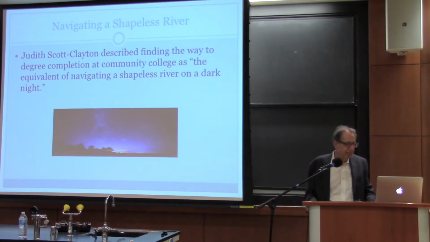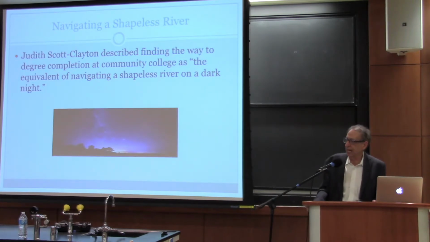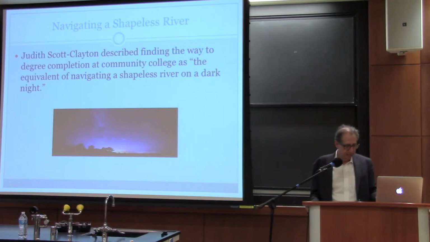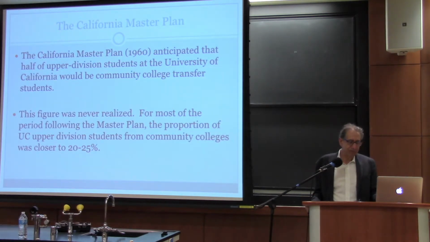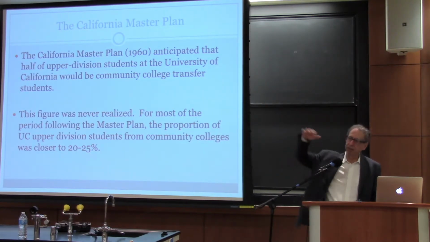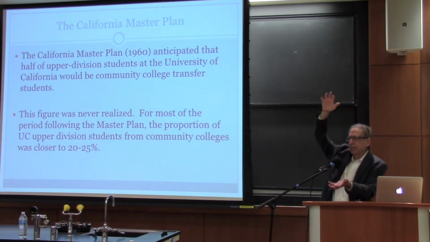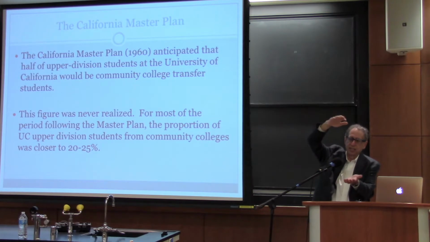Judy Scott Clayton described trying to transfer from community college as the equivalent of navigating a shapeless river on a dark night. Maybe that's overly dramatic, but even in California, where the California Master Plan of 1960 set up the 3 tiers, the community colleges, the state colleges, and UC, they anticipated that half of upper division students would be community college transfers.